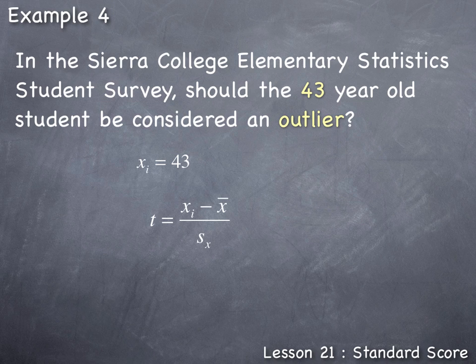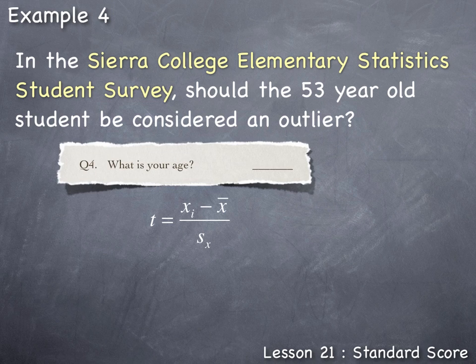The values for x bar, the sample mean, and s sub x, the sample standard deviation, can be calculated on our TI-84 calculator. The data we're using is the Sierra College Elementary Statistics Student Survey, and the age of these students was given in question 4. We have already entered this data into our calculator and named the list Q4.